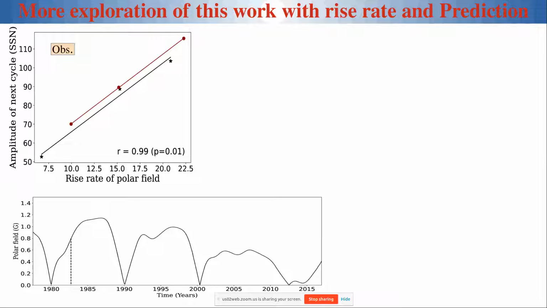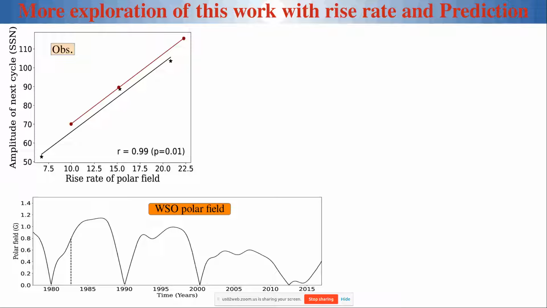Also, from the WSO polar field data, we have calculated the rise rate between 0 to 3 years of different phases of the cycle and averaged these rates to one rate for each cycle. Here we should note that we have to consider the average between 0 to 3 years or less.